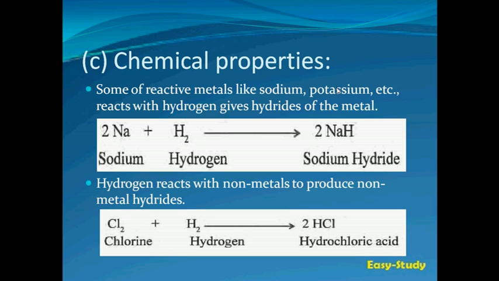For example, sodium when reacts with hydrogen gives sodium hydride. Hydrogen reacts with non-metals to produce non-metal hydrides. For example, chlorine when reacts with hydrogen gives hydrochloric acid.